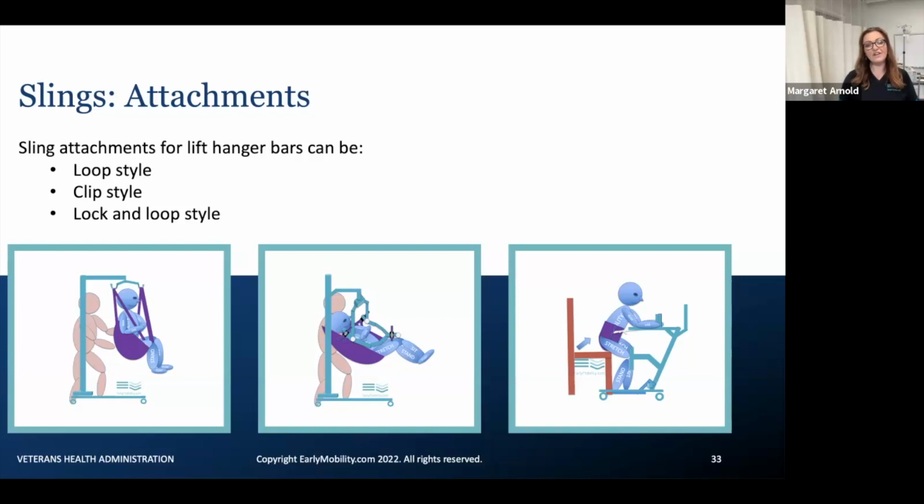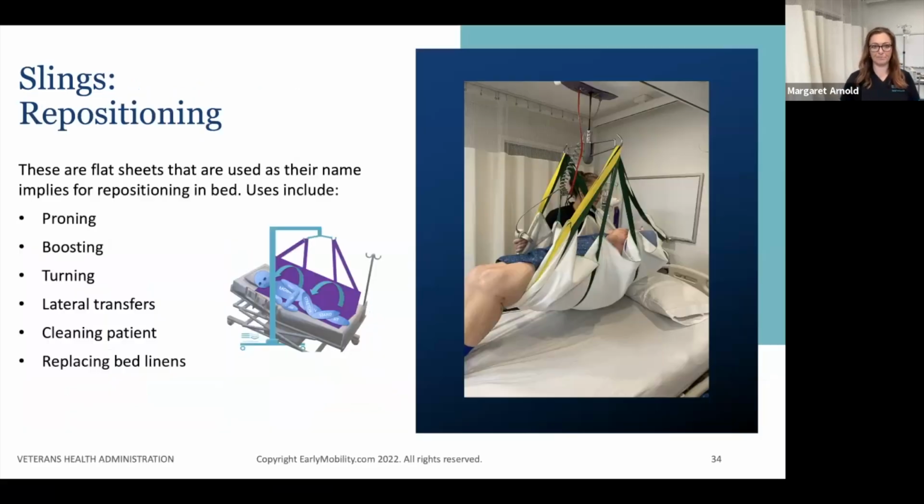It is very, very important to know how your sling attaches to the lift and to only use loop style slings with loop style hanger bars, only use clip style slings with clip style hanger bars, and only use lock and loop style slings with your lock and loop style hanger bar.